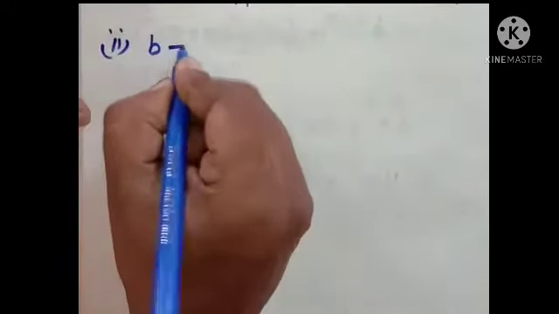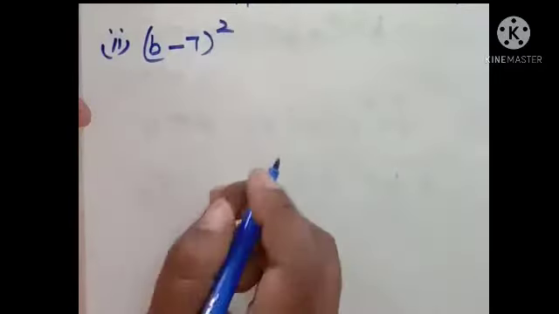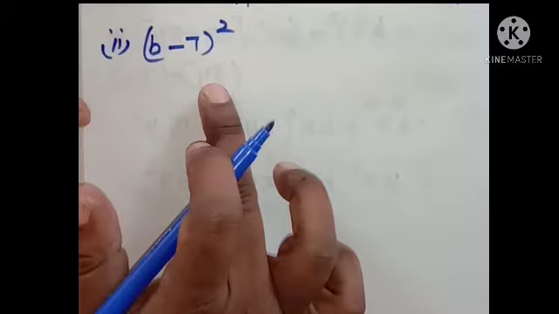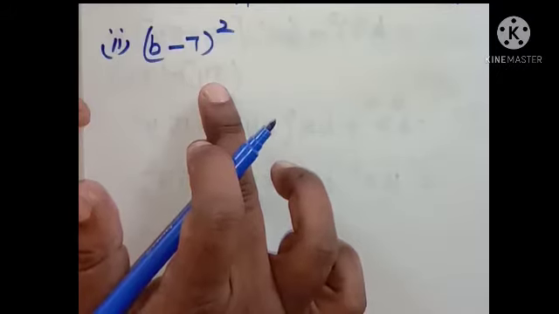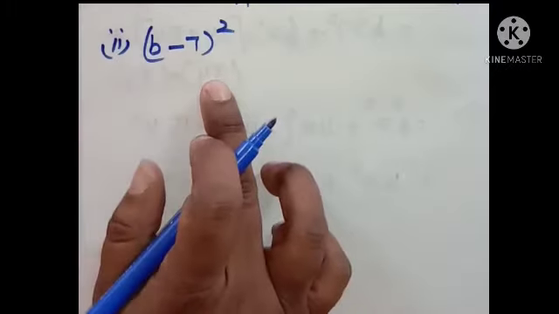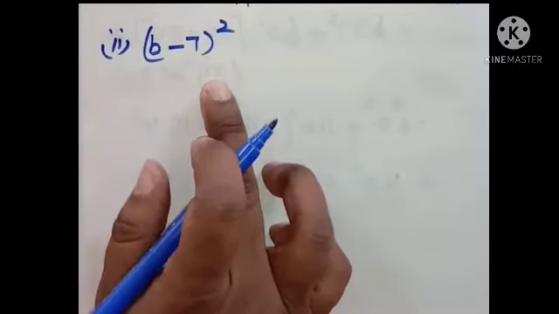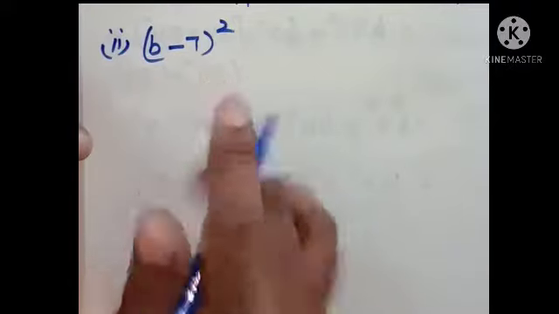Second one, (b − 7)². By seeing this we can easily find out which identity. Yes, (a − b)². We know that the expression of (a − b)² is a² − 2ab + b².